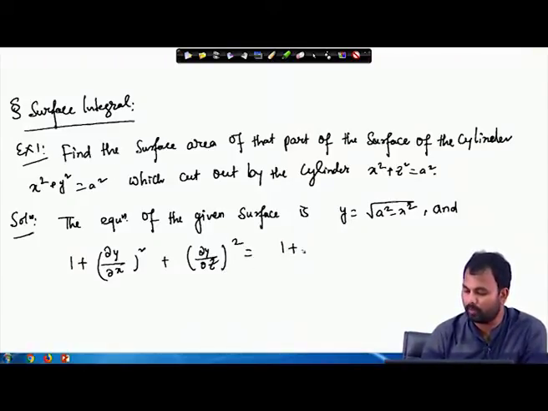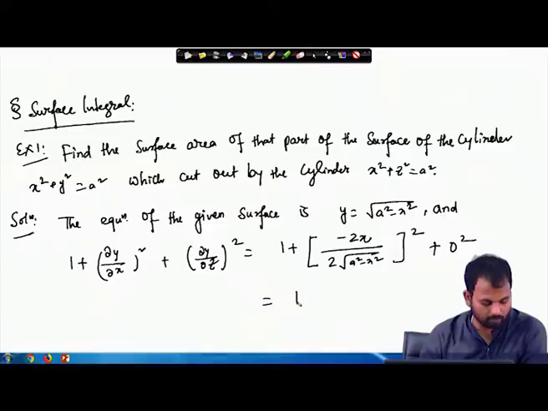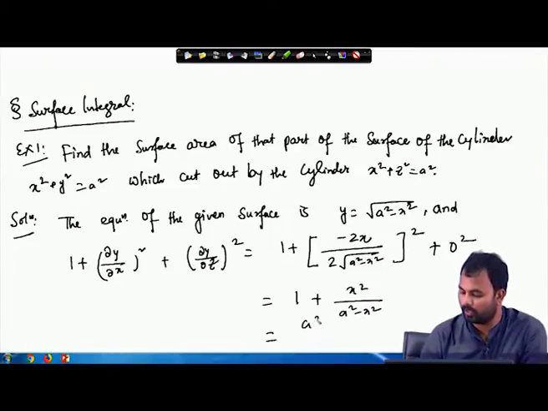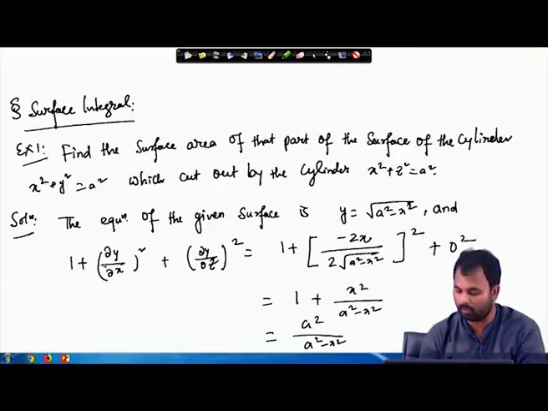Del y del x is minus 2x over 2 square root of a square minus x square, and del y del z is 0. So we get 1 plus x square by a square minus x square, which ultimately yields a square by a square minus x square.